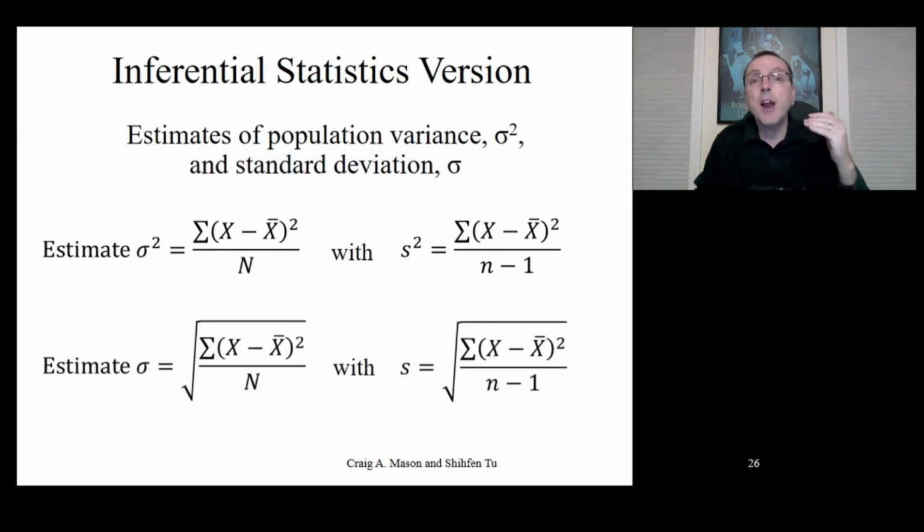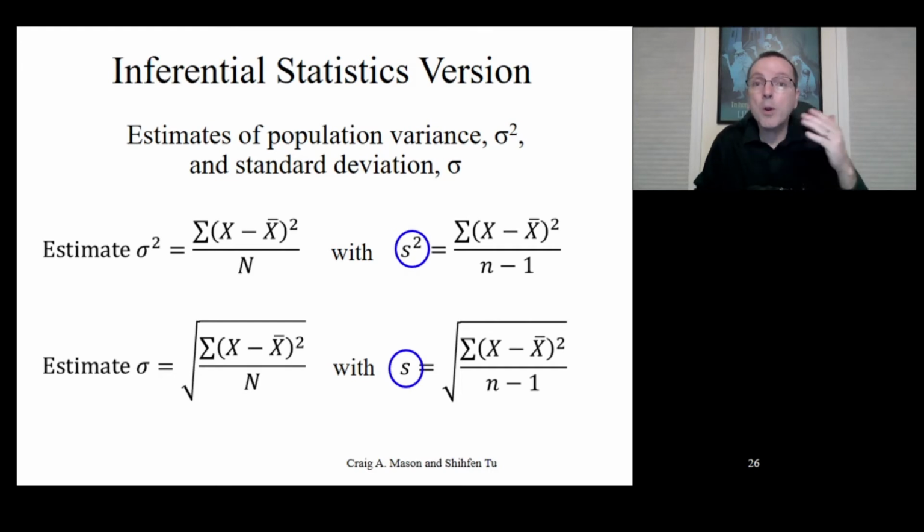Now, because these are estimates of the population standard deviation and the population variance, we don't use sigma and sigma squared, but instead represent them with a lowercase s and s squared.